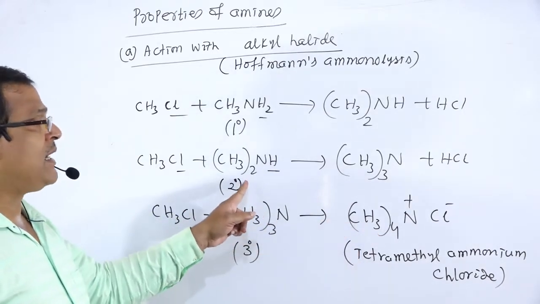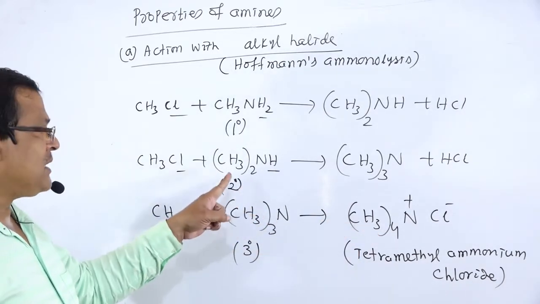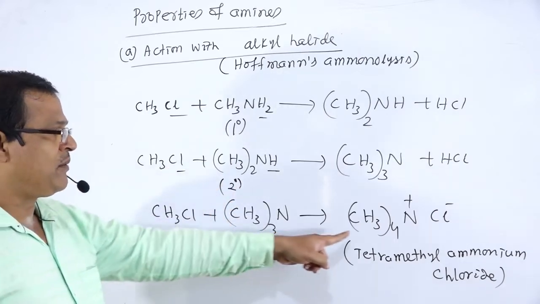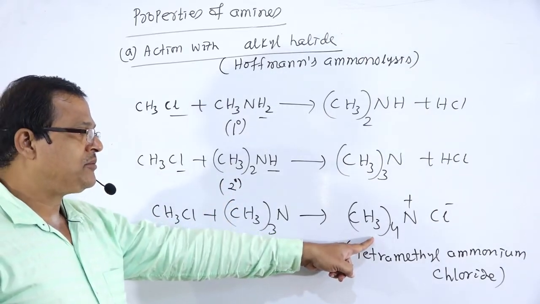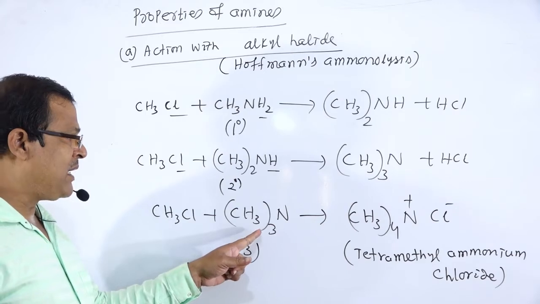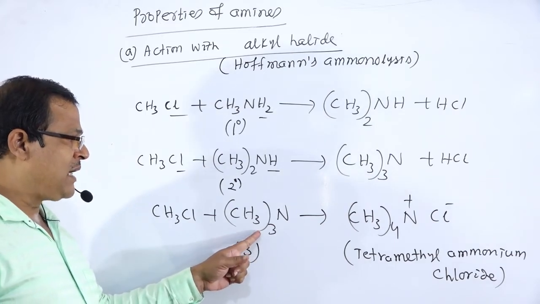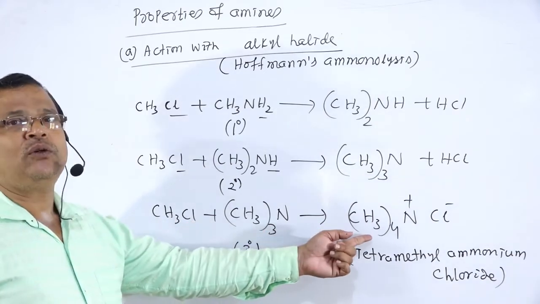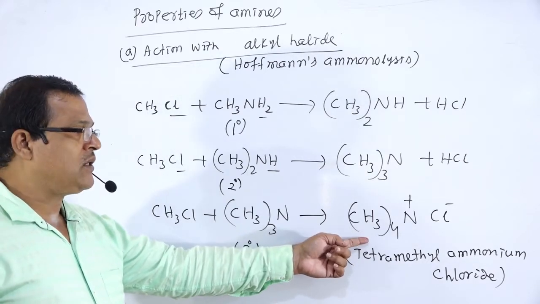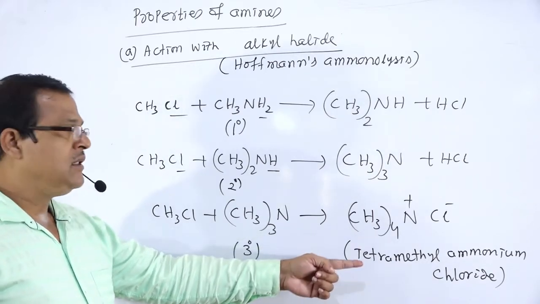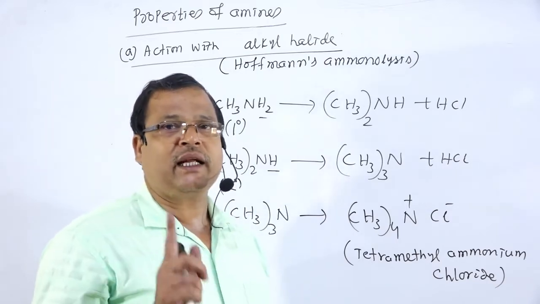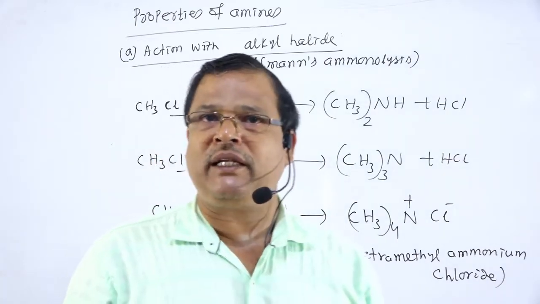If we start from the secondary, only 2 molecules of alkyl halide are required to form quaternary. If we start from the tertiary, only 1 molecule of alkyl halide is required to obtain quaternary ammonium salt. So how to distinguish between primary, secondary and tertiary amines?